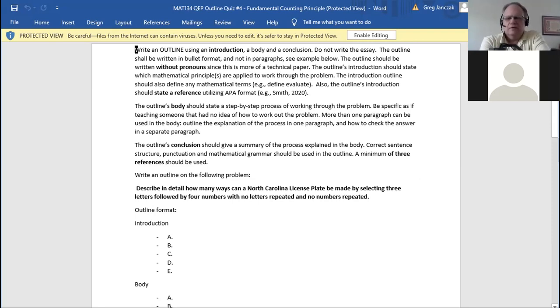Now, the thing with the essay is that down here you're not limited to just 3 things to put on the outline.